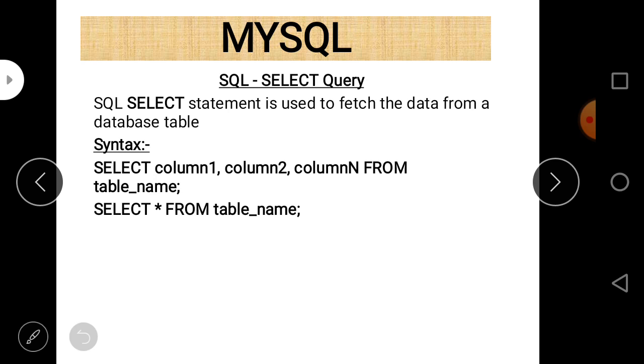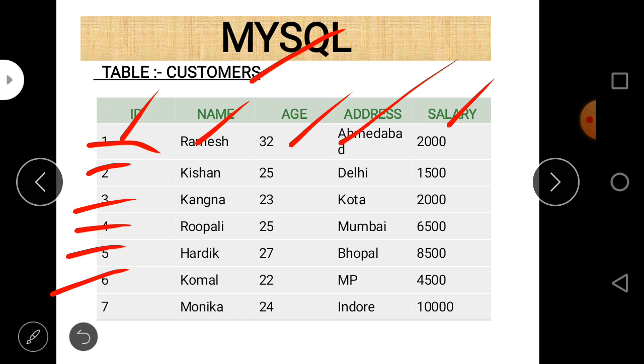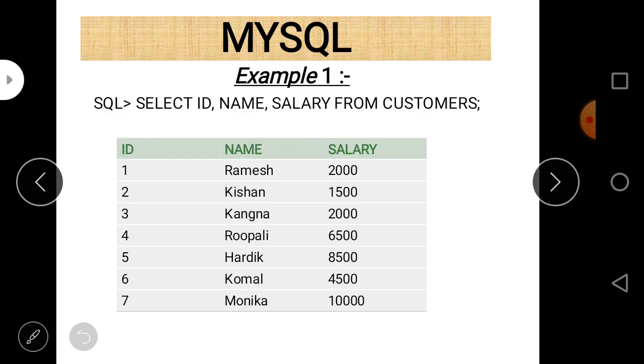So the SQL select statement is used to fetch the data from a database table. This is the syntax here. Now there is a table name, suppose customer, and the table contains column names id, name, age, address, and salary, and these are the different rows here.